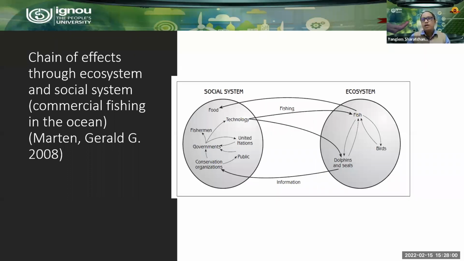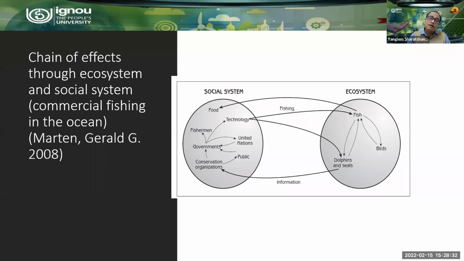For example, it has an impact on the bird community that feeds on the fish we harvest, and on the dolphins and the seals. So when we take that particular species out of that system, it has an impact on the other species, and the value of the other species, the information they provided to the social system, will be missed out.